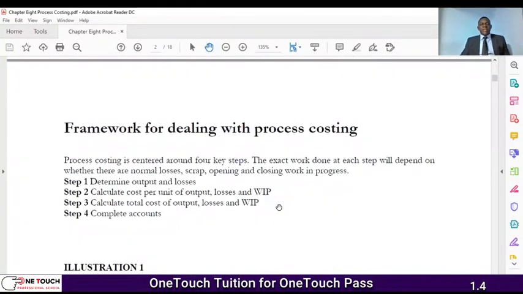Great. Now let's look at the framework for dealing with process costing. Process costing is centered around 4 key steps.